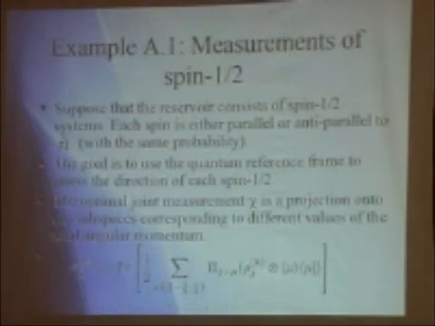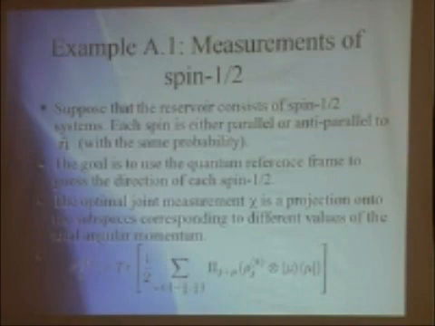Okay, so let's go over an example. Suppose that we consider a reservoir of spin 1/2 particles, and each of the spins is pointing either in the n hat direction or in the opposite direction, with the same probability of being in either direction.